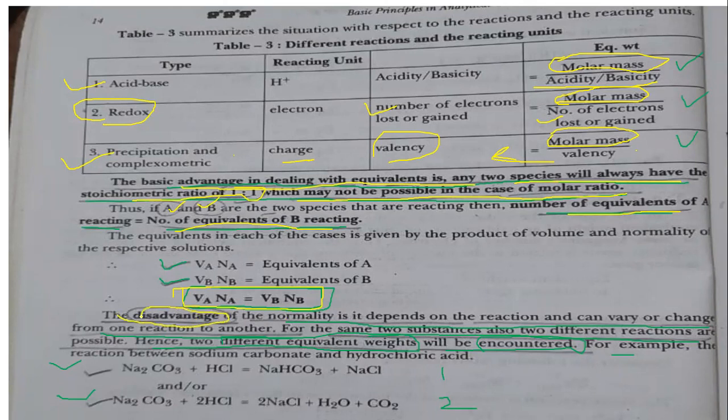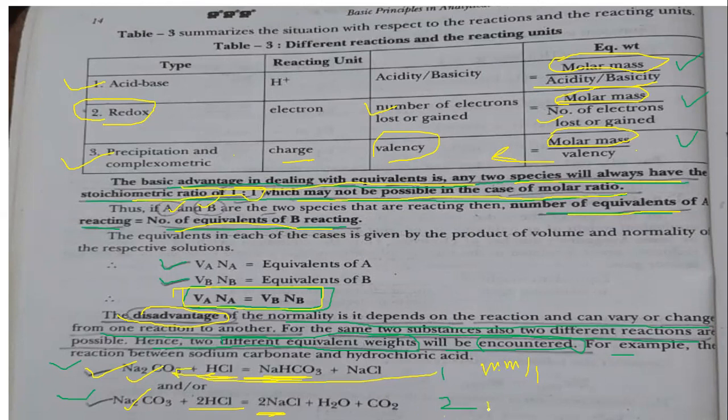See, here sodium carbonate reacts with HCl. Here sodium carbonate takes one proton to form sodium bicarbonate, and here sodium carbonate takes two protons to form NaCl. So in both cases, the equivalent weight is going to change. Here, what you need to do is molar mass upon 1 to find the equivalent weight of the sodium carbonate.